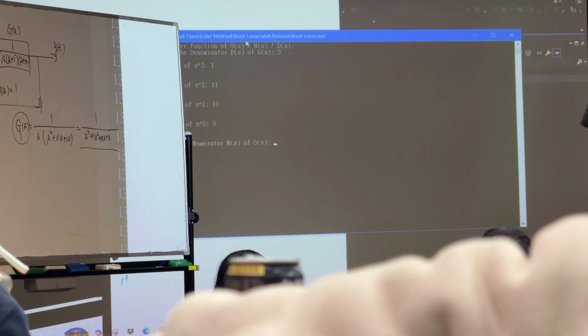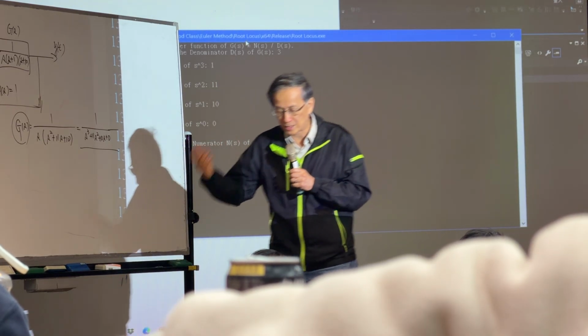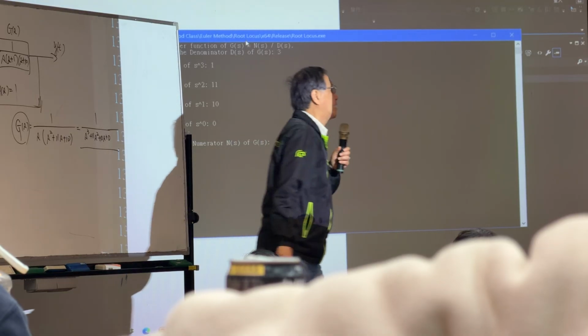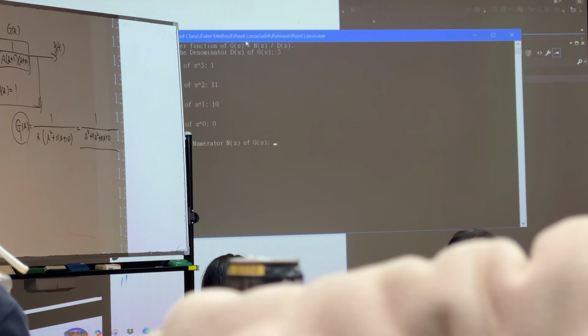In the beginning, based on the textbook, we will change the k value. So in the beginning, let me just use 1, and let's see how that result goes.